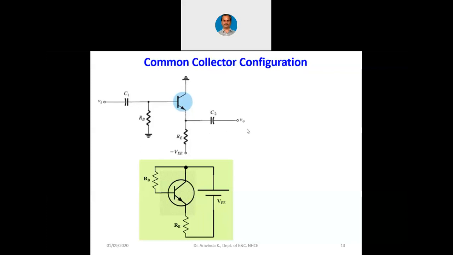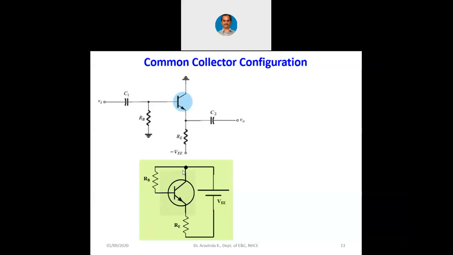Otherwise, the circuitry is same. In fact, I put this circuitry at the lower side so as to clarify that we can write circuits in many different styles, using different symbols.